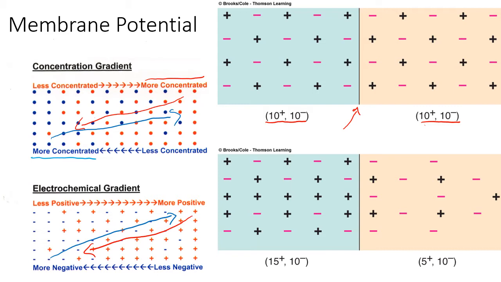We can take 5 of those positives and move them to the other side. And now we have a relative difference between those two spaces. So this side is more positive, and this side is more negative relative to each other, because we have a difference there in the amount of particles.